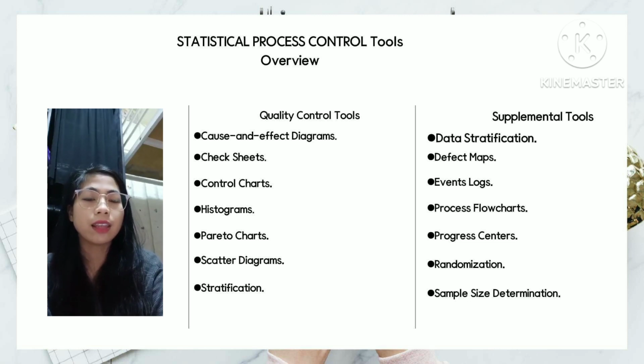Progress centers are centralized locations that monitor progress, and decisions are made based on the data collected. Randomization. Randomization uses chance to assign the units in question across a collection of treatment groups. Sample size determination. These tools involve determining the number of individuals or events to include in creating a statistical analysis.